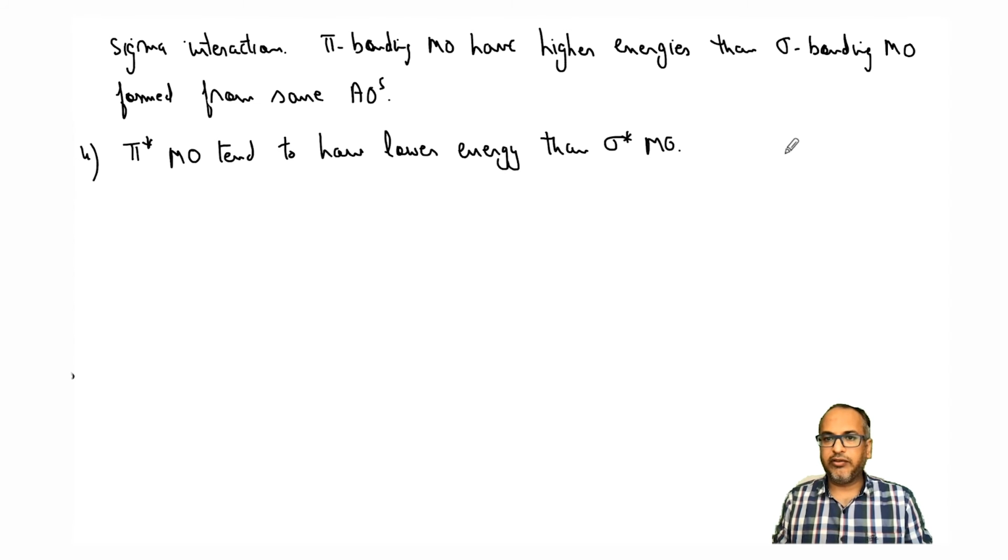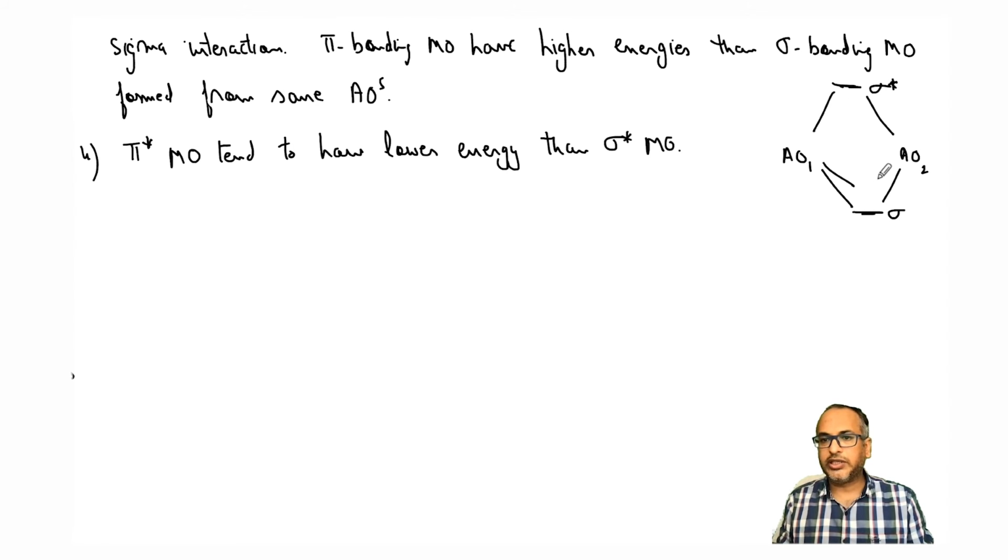So if two atomic orbitals, atomic orbital 1 and 2, are giving rise to a sigma orbital and a sigma star, the stabilization is more as compared to if the same thing will give rise to pi bonding versus pi star.